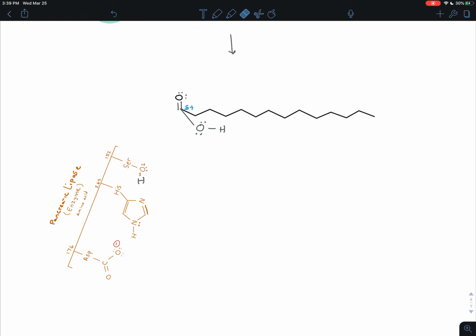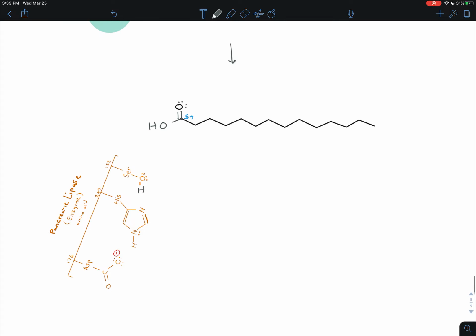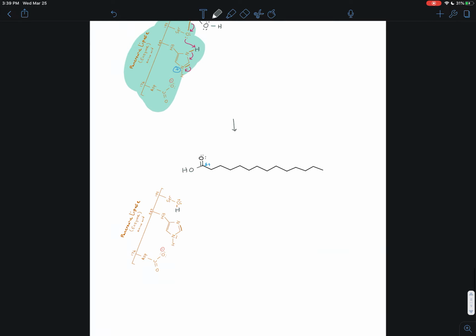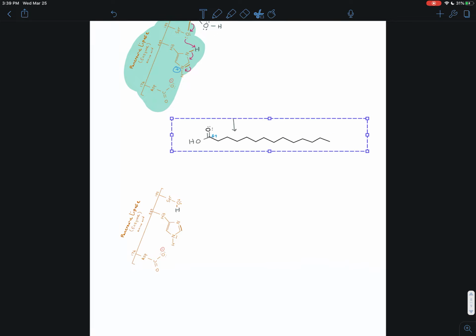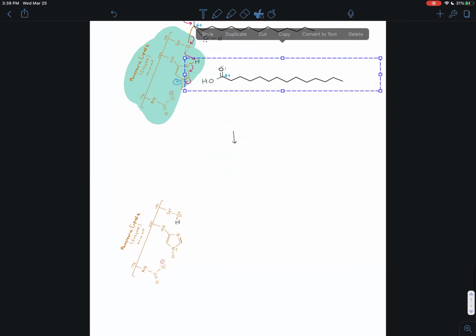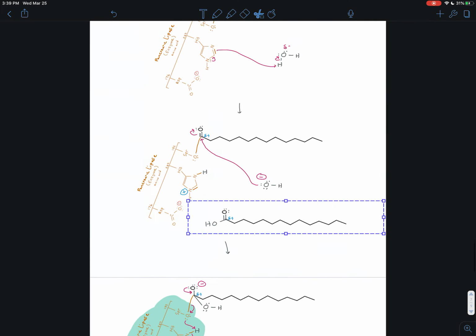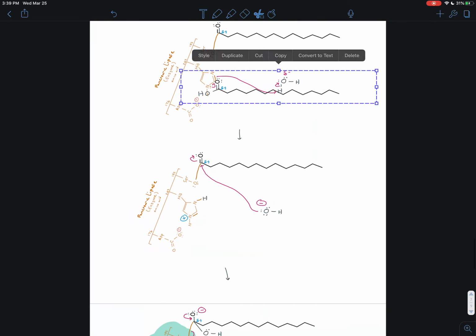And let me draw this so that it looks a little less awkward. I'm just going to draw that OH on the other side. And so that gives us another free fatty acid. So overall, the action of this pancreatic lipase enzyme has given us 3 products. We have this fatty acid here that we just made.